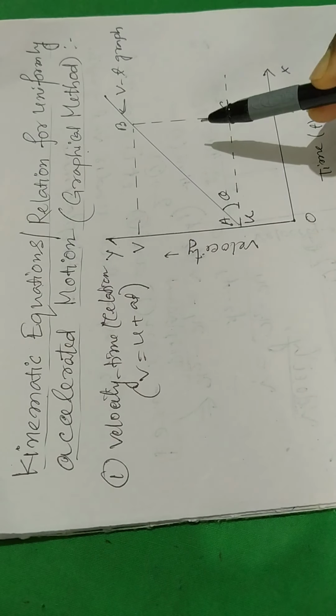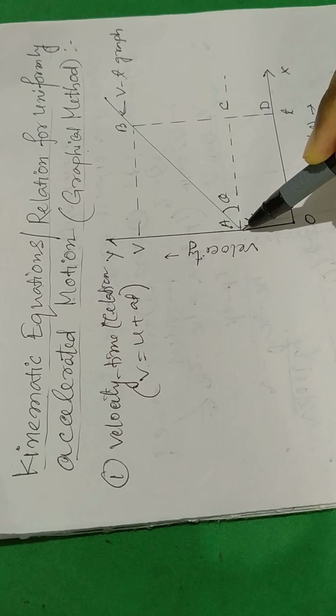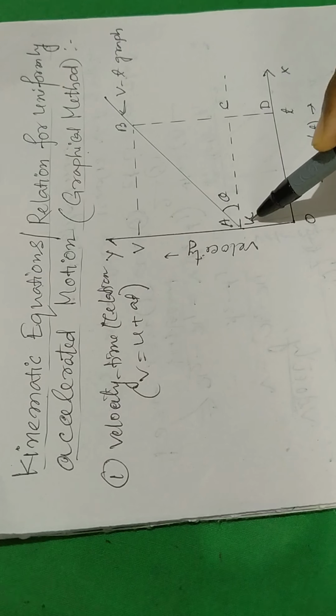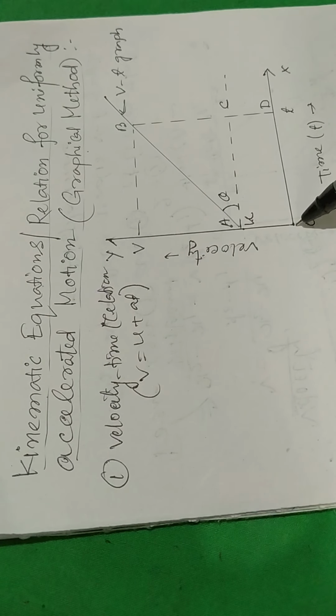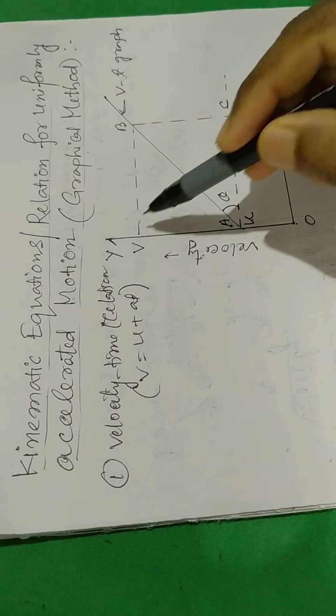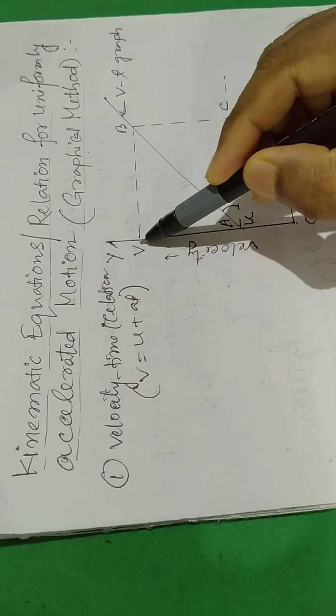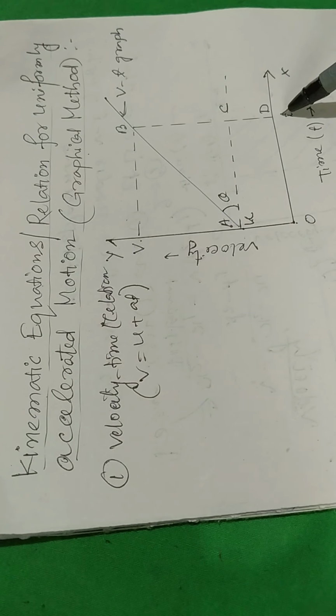Now you see the diagram. Let u be the initial velocity of the particle at time t equal to 0, and v be the final velocity of the particle after time t.